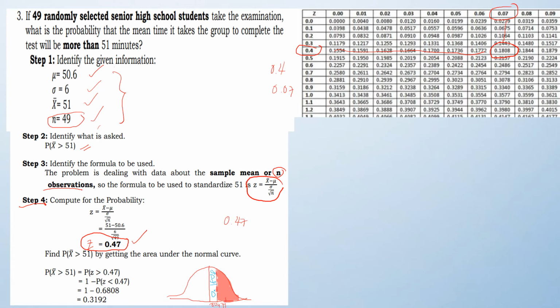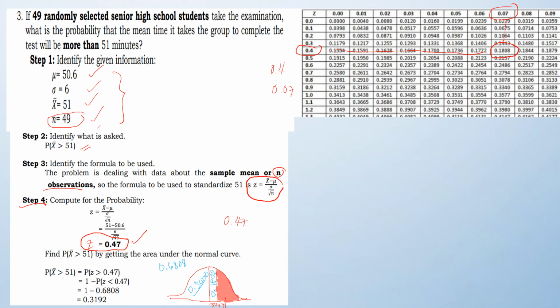So, since ang area na to ay 0.1808, tapos ang area sa kabila ay 0.5000, in-add itong dalawang to, itong 0.5000 tsaka 0.1808, kaya nakuha yung 0.6808.